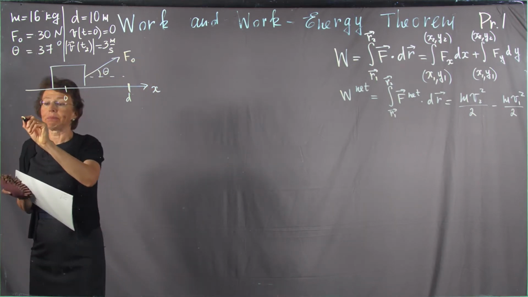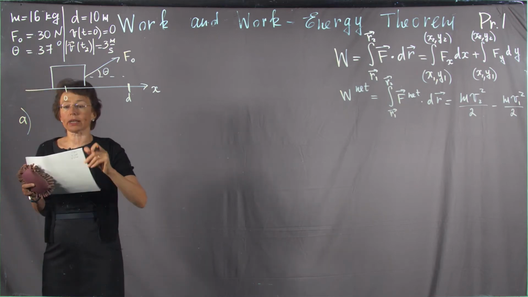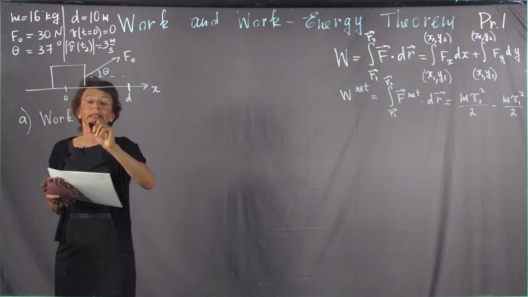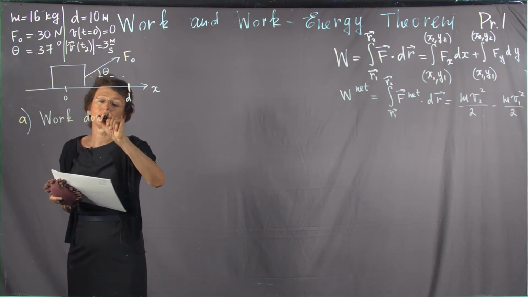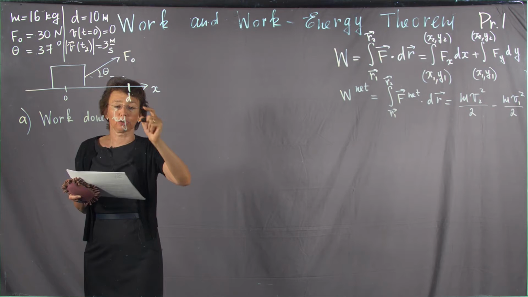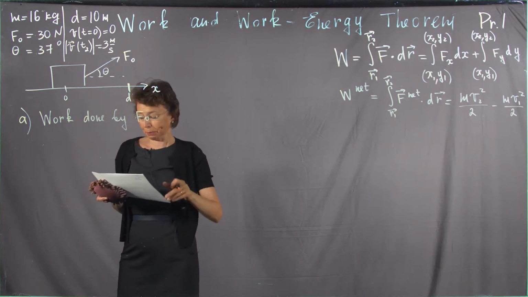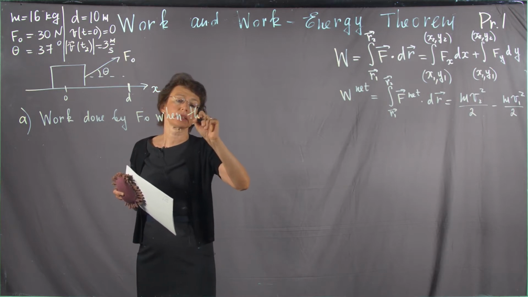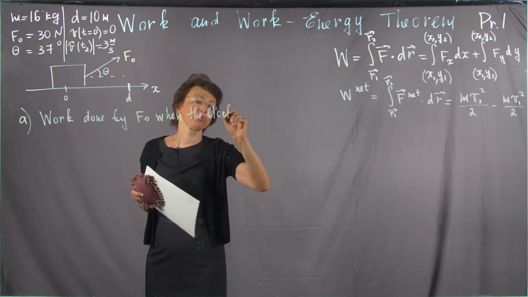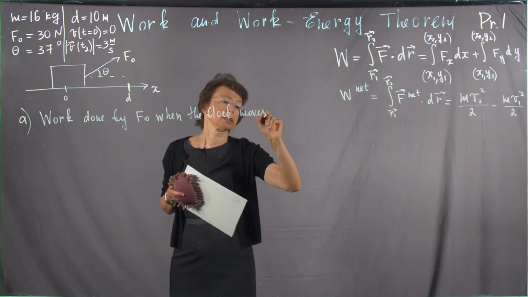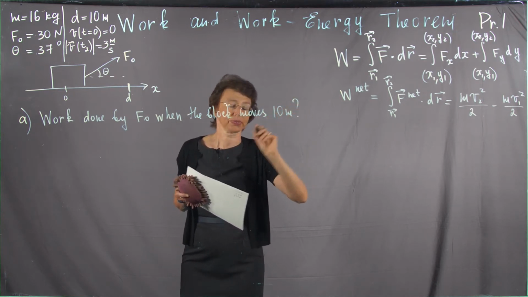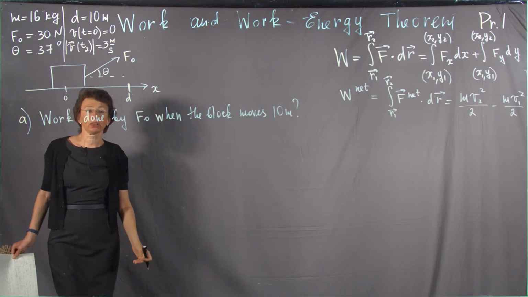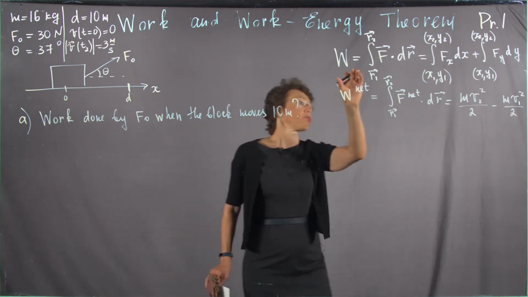Part A. We need to find work. What is work done by constant force F naught when the block moves 10 meters? What will we do? Well, here's the formula for work.